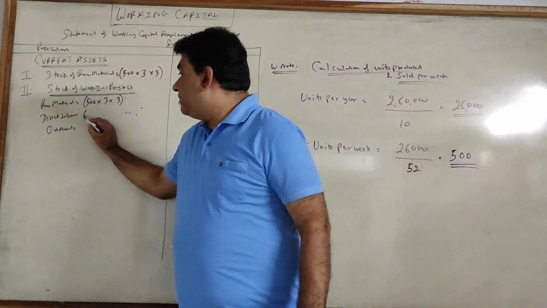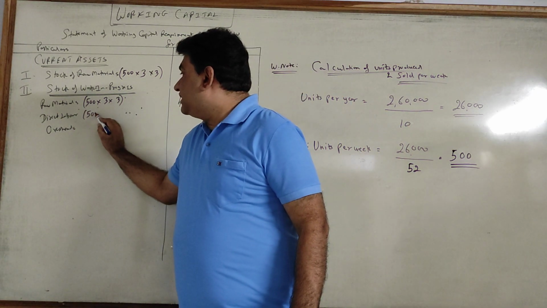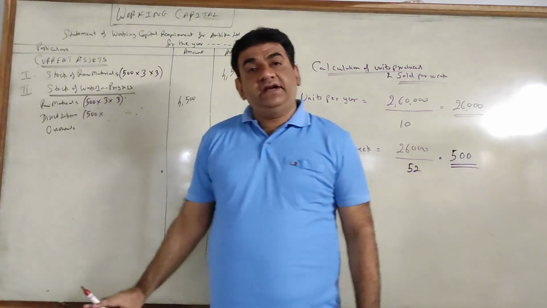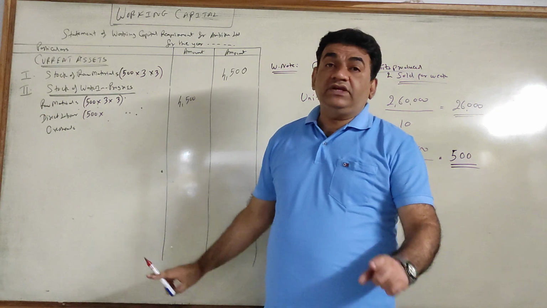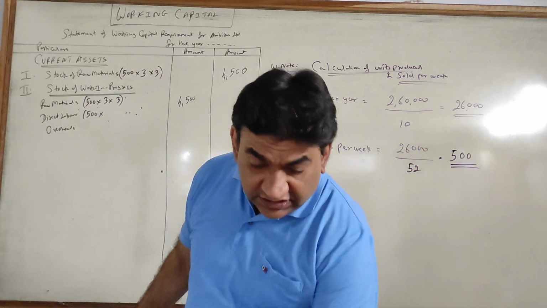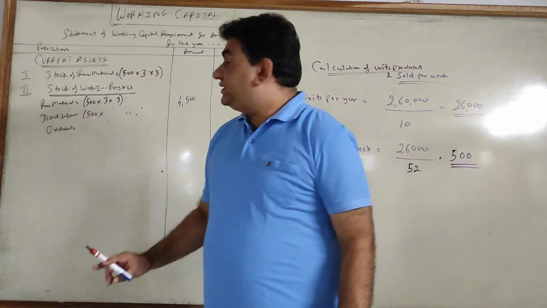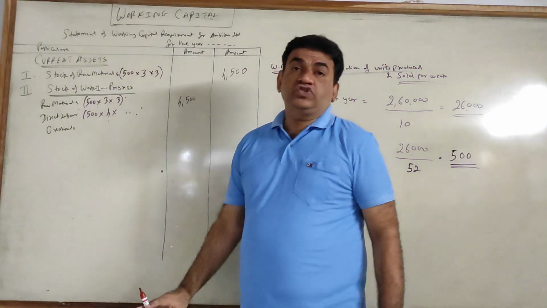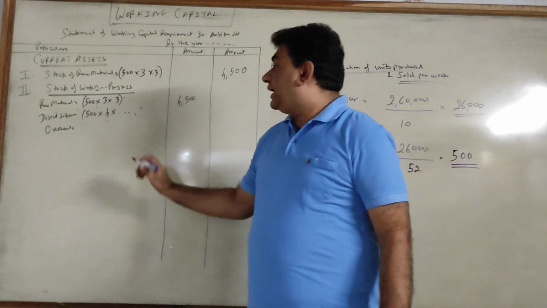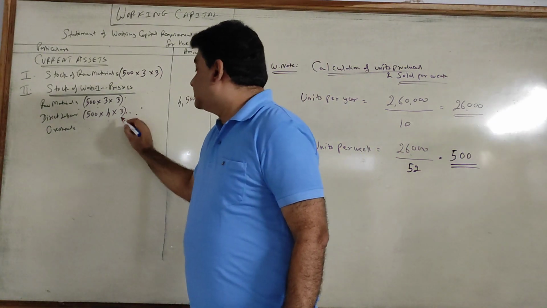Same way, labor. Again the same, 500 units. Now raw material I multiplied by 3, cost of raw material. Now you see the chart. Labor. How much is the cost of labor? Cost of labor is 4. So multiply by 4, and the number of weeks is 3.